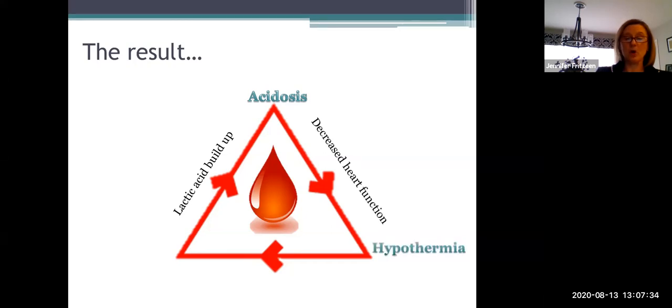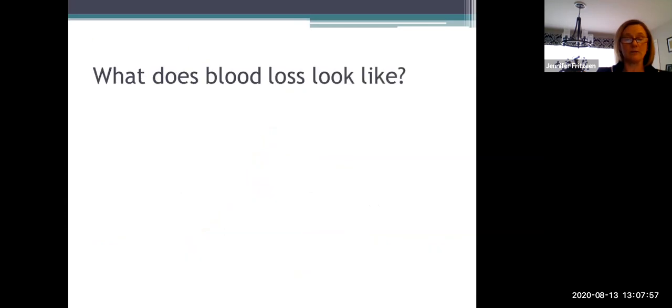The patients are going to be cold. Between the decreased heart function, the lactic acid buildup, and the hypothermia, now coagulation slows down, and our trauma patients are coagulopathic. So that trauma triad of death, acidosis, hypothermia, and coagulopathy are all kind of this vicious circle that we need to recognize in hemorrhagic shock and pull our patients out of.